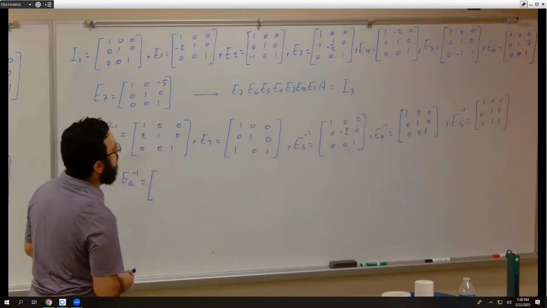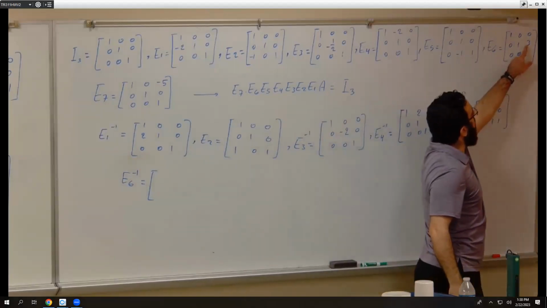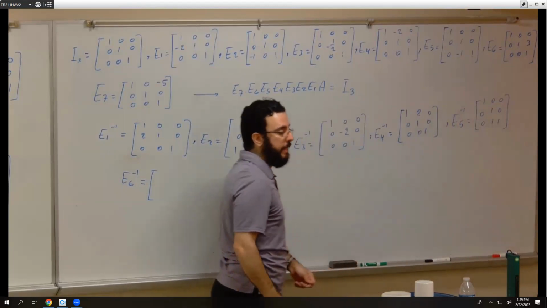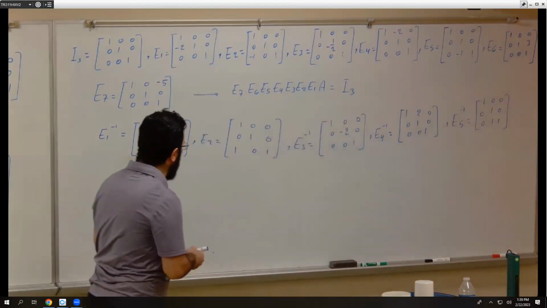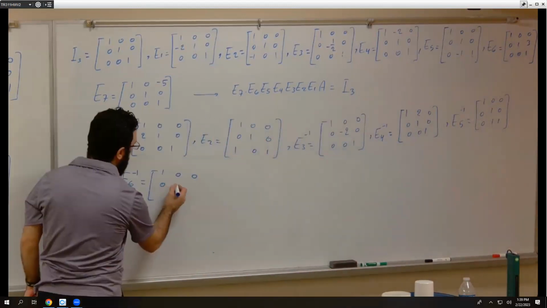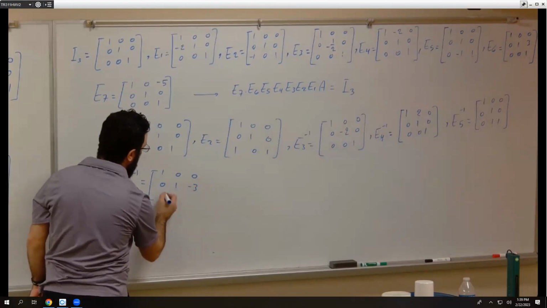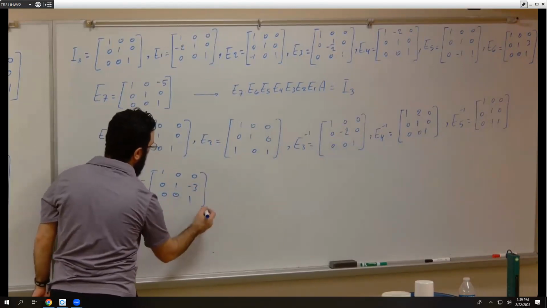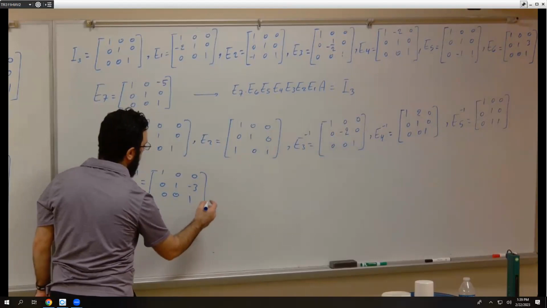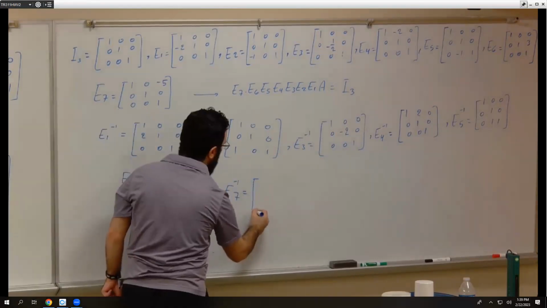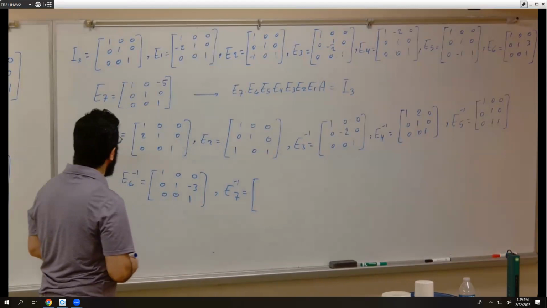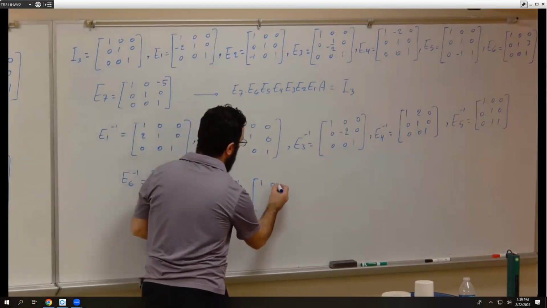E6. So you see E6 inverse, 3, I'm going to change it to negative 3. 1, 0, 0, 0, 1, negative 3, 0, 0, 1. The last one, E7 inverse. Instead of negative 5 it is 5.